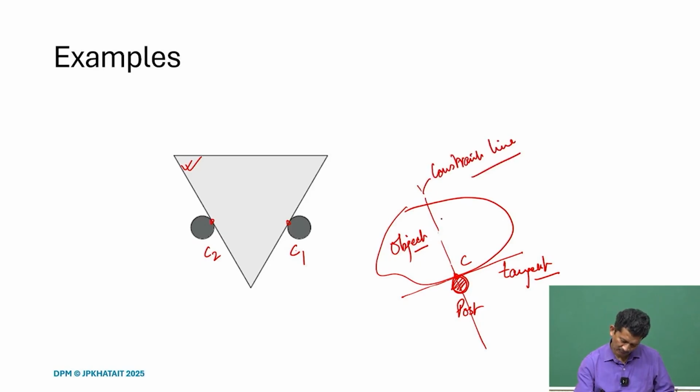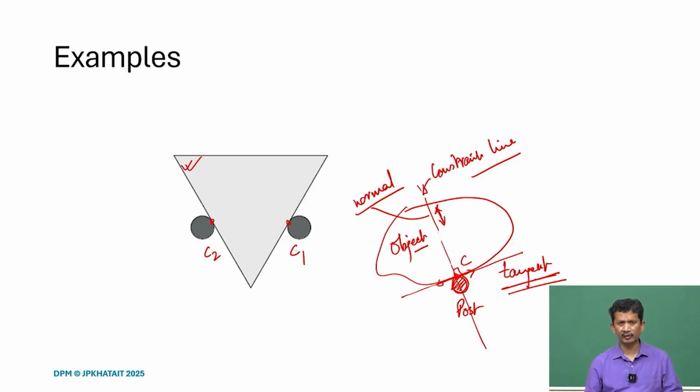Any motion along this line is not possible, but any motion along the tangent is possible, because it does not provide any constraint. So, be aware, this is the tangent and this is the normal line, and this is the constraint line. Be aware of this.